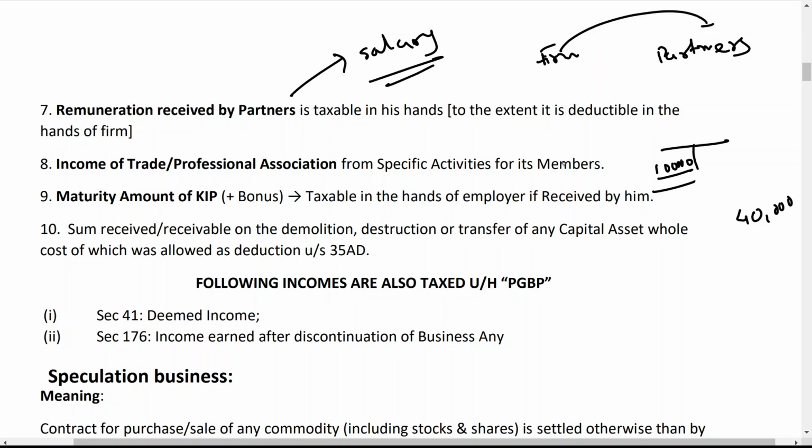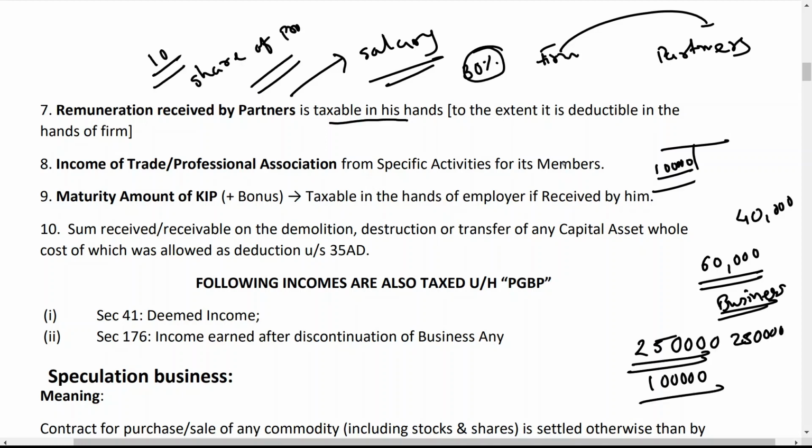So 60,000 will be treated as your business income, because you have shown more remuneration, when actually you can show only 40,000. You can pay only 40,000 as remuneration to the partner, but you have paid 1 lakh. That is wrong. So the extra amount you have paid, 60,000, will be treated as your business income.